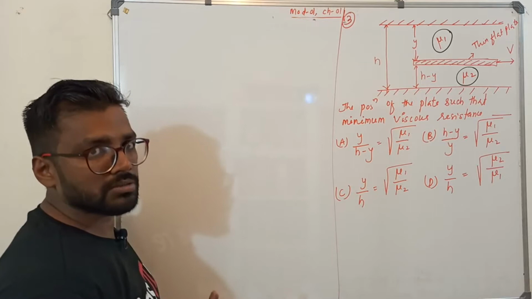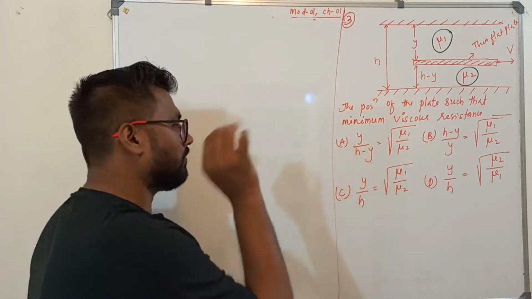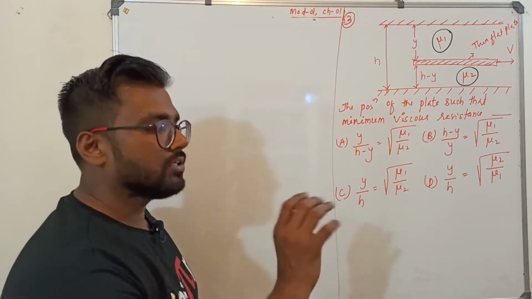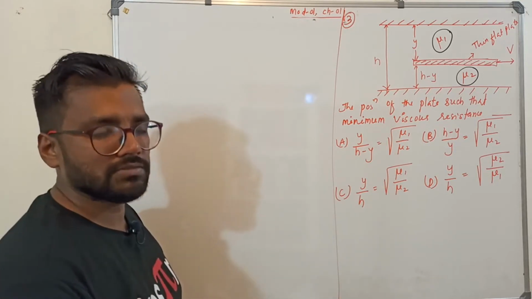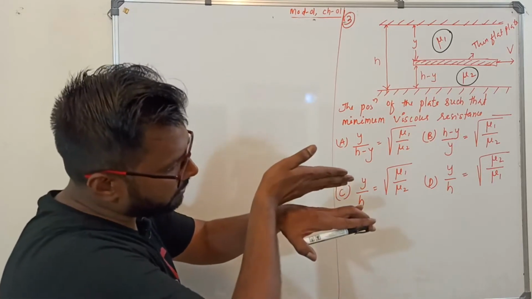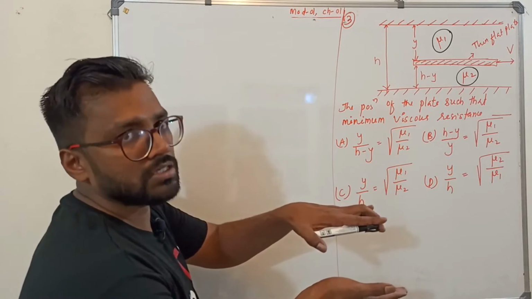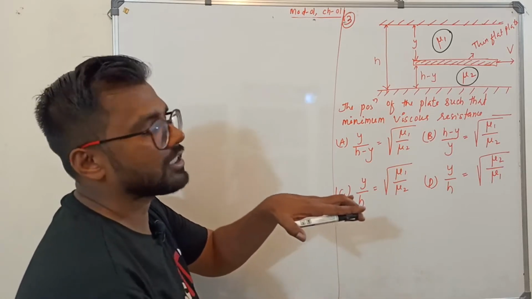Understood? Okay. There is a flat plate. Above the flat plate at some thickness y, we have a fluid which has a viscosity mu1. Below the plate, mu2 is the viscosity of the fluid, and the thickness is h minus y.